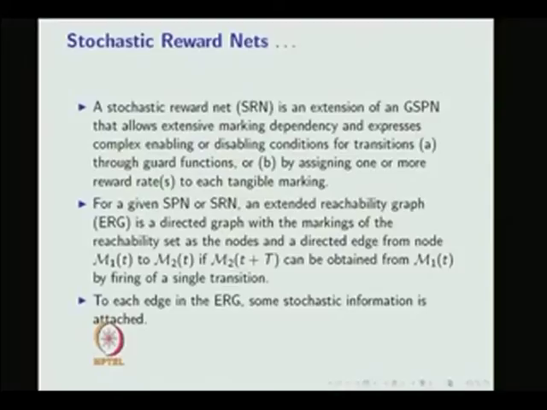For a given SRN, an extended reachability graph is a directed graph with the markings of the reachability set as the nodes and a directed edge from node M1(t) to M2(t) if M2(t + T) can be obtained from M1(t) by firing a single transition T. To each edge in an extended reachability graph, some stochastic information is attached.